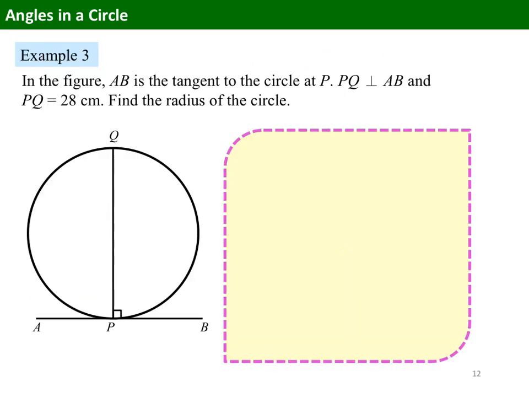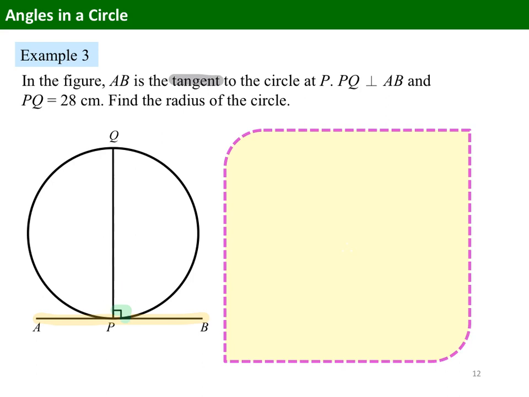Example 3. Okay, keywords. Tangent. Use the yellow color to represent the tangent. We know this is tangent and we have 90 degrees here. So the center is somewhere along this straight line PQ.